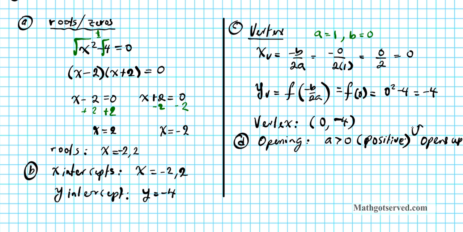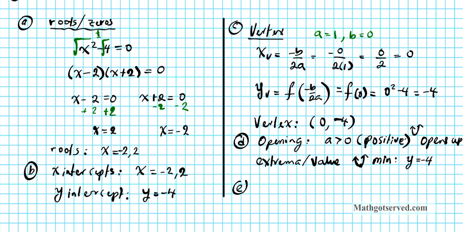The parabola looks something like this. It opens up. Okay? So for the extremum value, since it opens up, we know that the extremum is going to be a low point. Okay? So the low point is known as the minimum, and the value is the y-coordinate of your vertex, which is -4. So y equals -4 is your minimum.